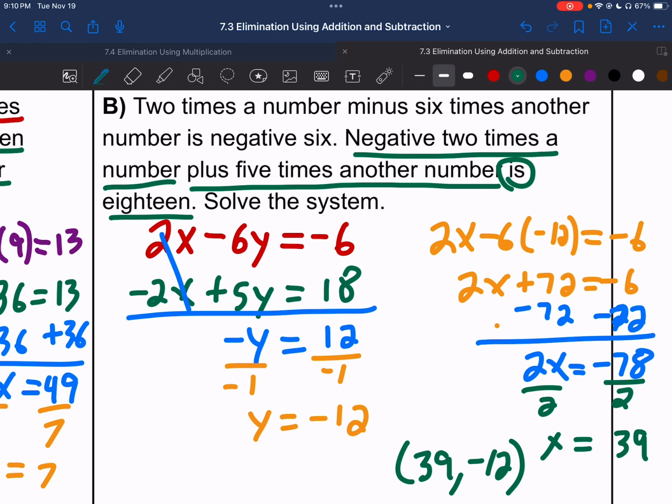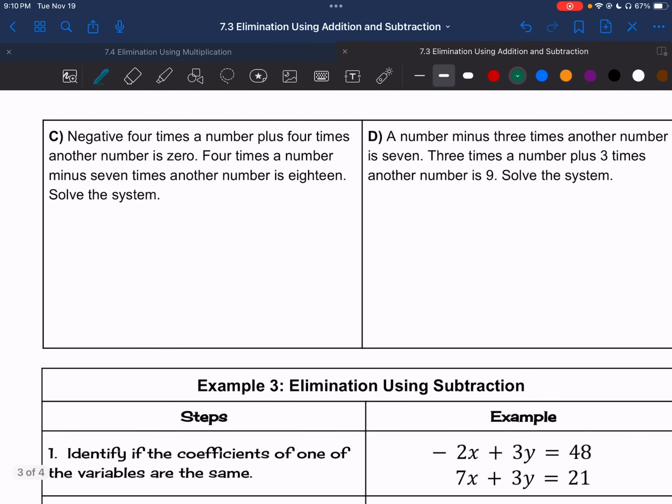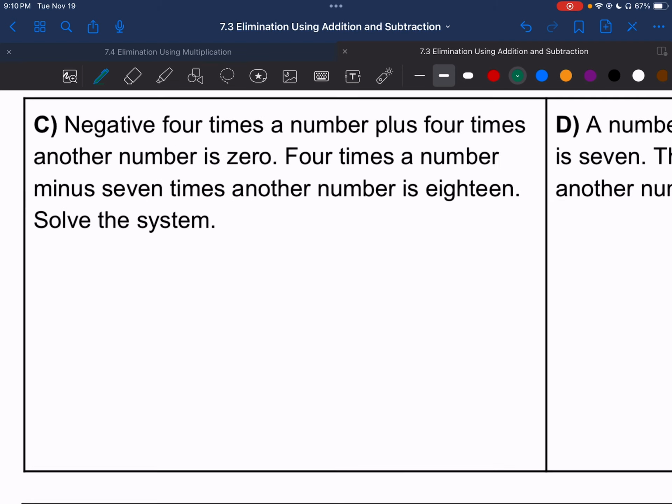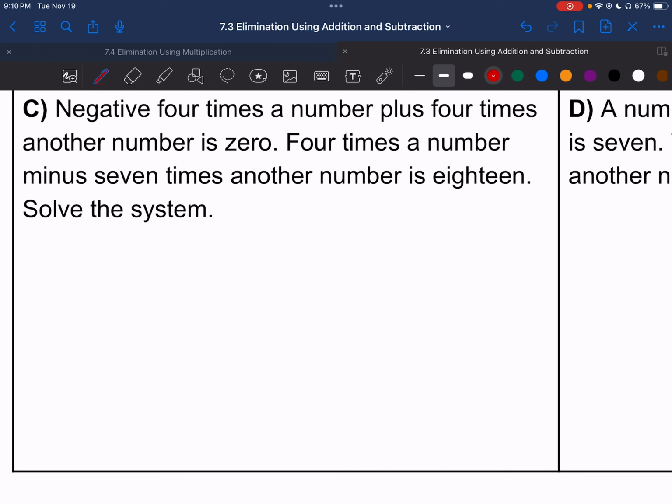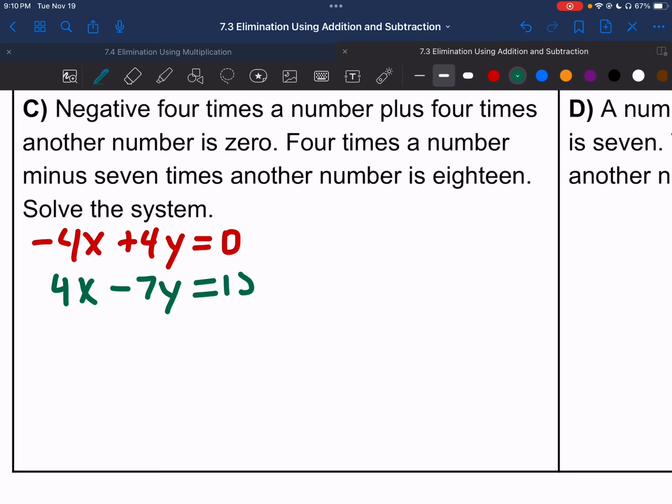All right. Now we're going to go on to the next page. These two are you tries. Go ahead and try those, and then check your work against mine. First sentence, -4 times a number plus 4 times another number is 0. 4 times a number minus 7 times another number is 18.